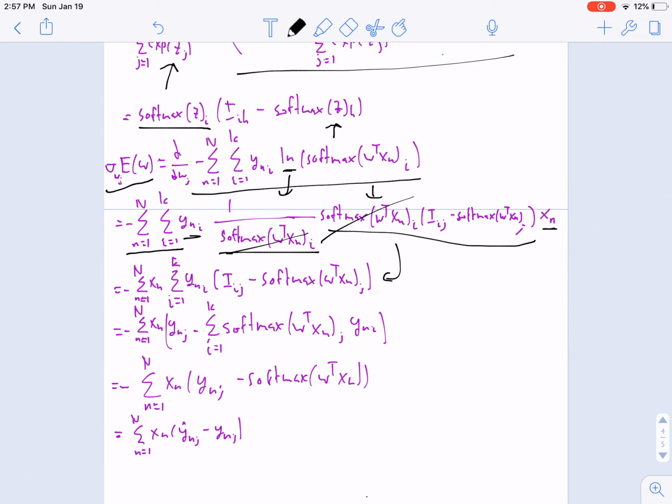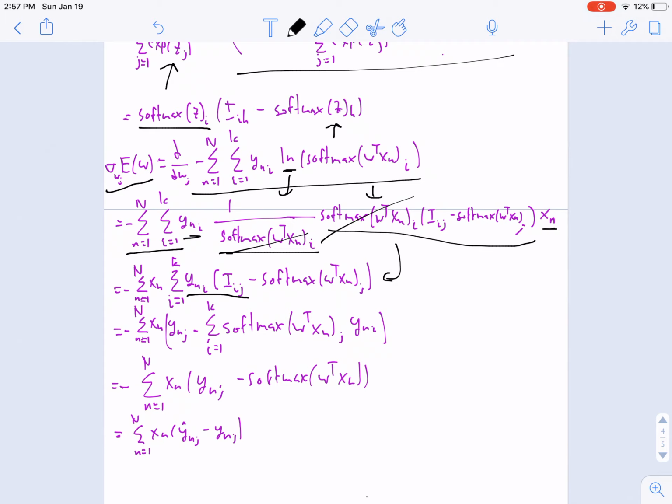And then we see that this first term here is the sum of y_ni times identity_ij, from i equals 1 to k. But identity_ij is only going to be equal to 1 when i is equal to j, and the rest of the time it will be equal to 0.